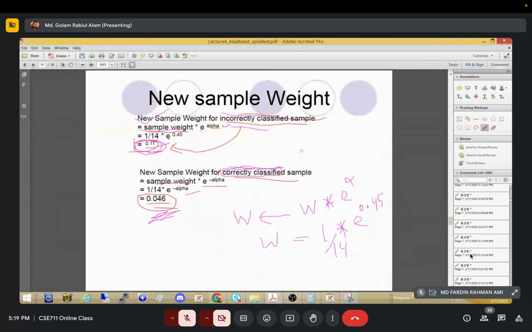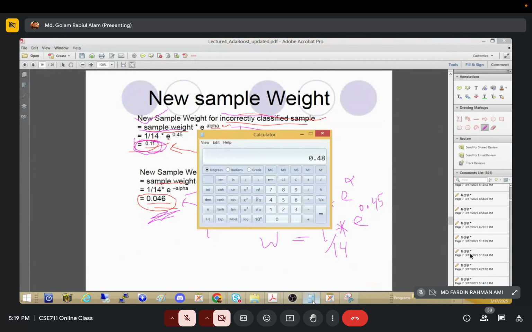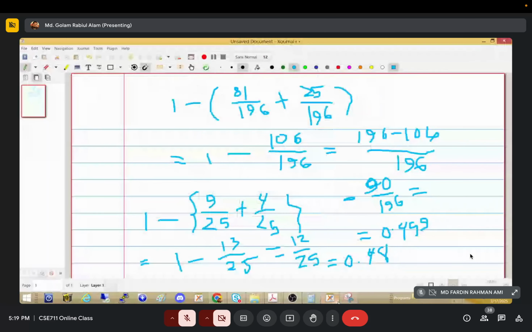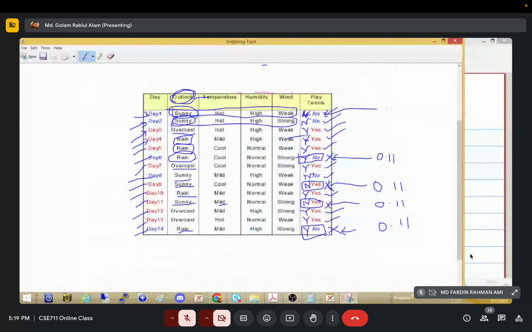For other instances like this one, the weight will be 0.046, and for the next one, 0.046.